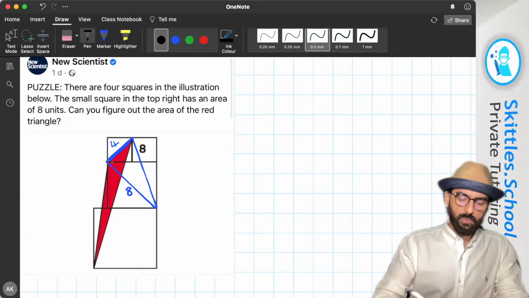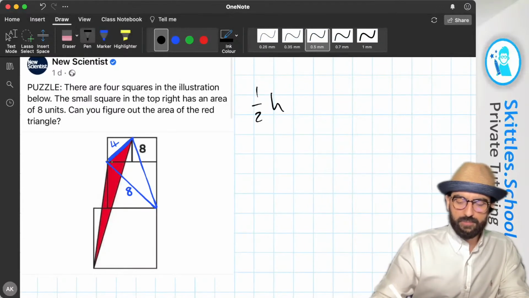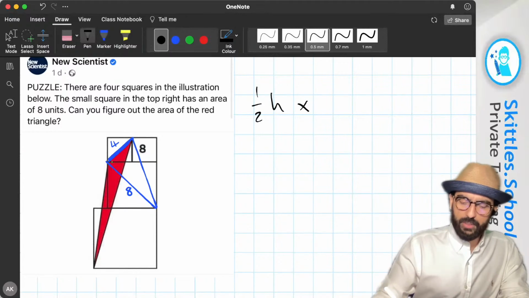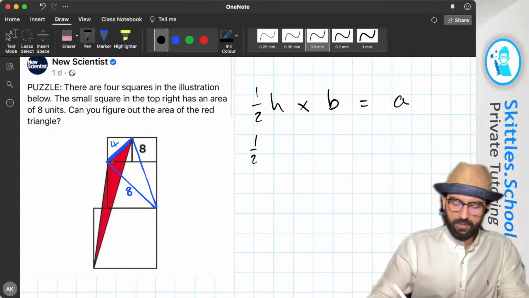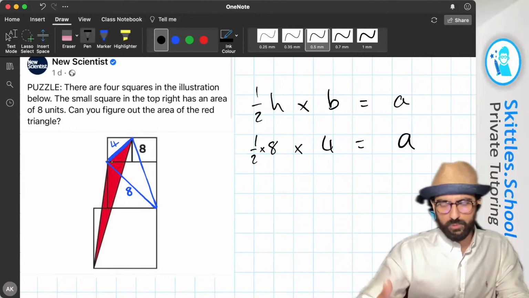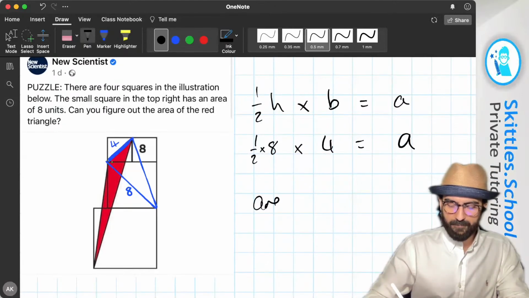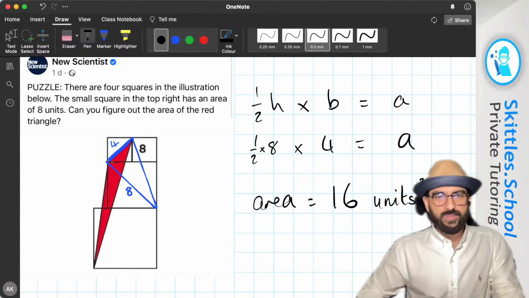And how do we work out the area of a triangle? Very simple: it's half the vertical height multiplied by the base. The height is 8, so half of 8 multiplied by 4 is the area. Half of 8 is 4, 4 times 4 is 16, so the area is 16 units squared, or square units.